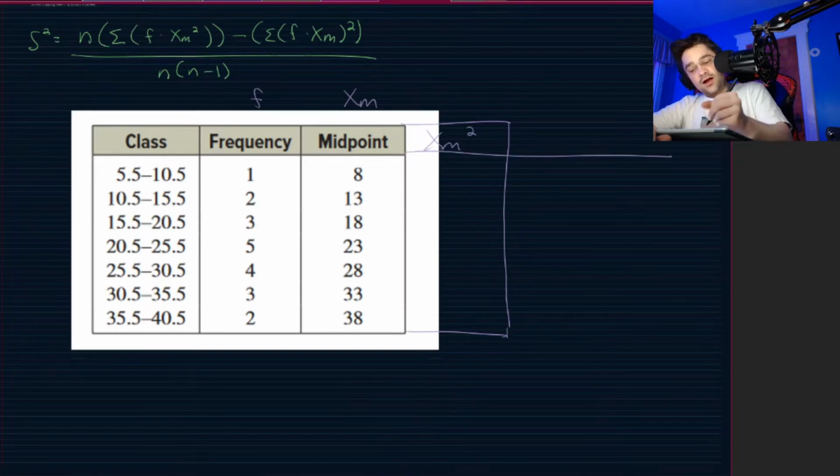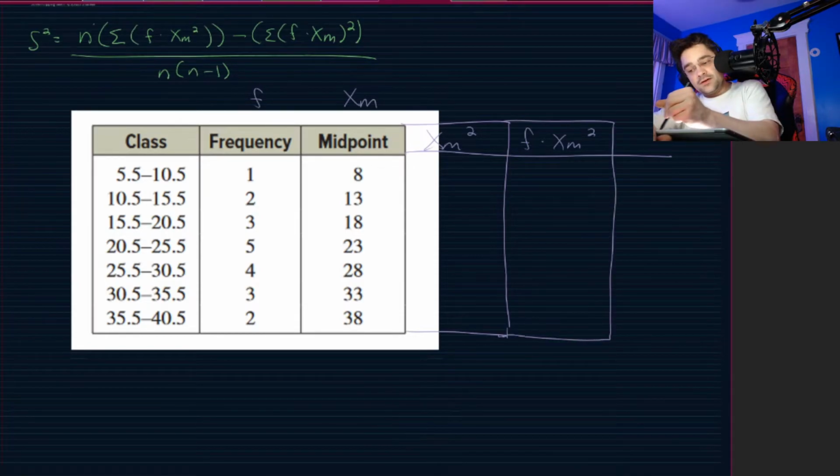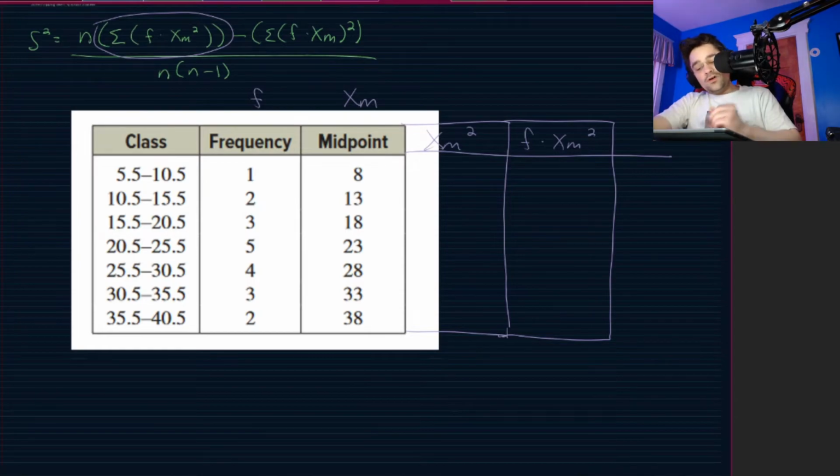We also want a column for f times xm squared, and that will help us come up with this summation. We also want a column of f times xm, this right here, and then we can square that as well.